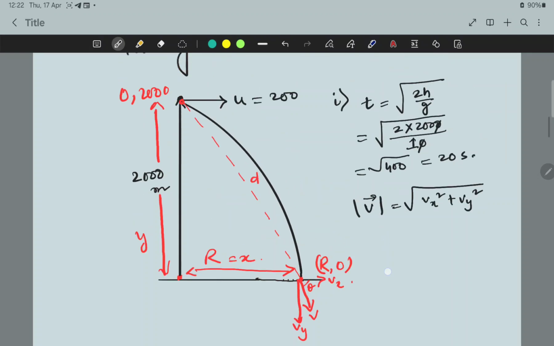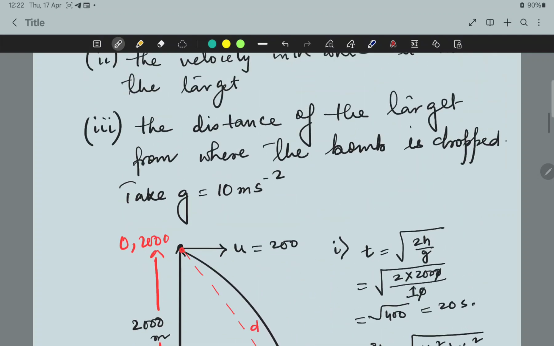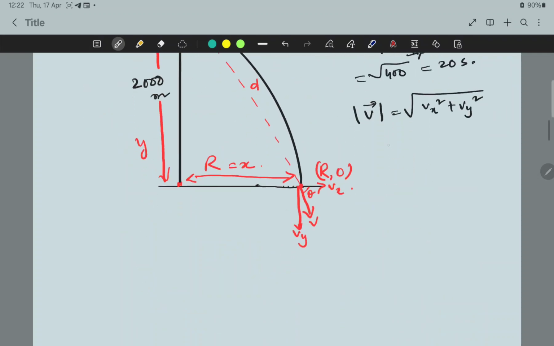Now Vx is known to us, which is 200. And what about Vy? Vy we obtain by using the formula Vy equals g into t. So 10 into 20, that is 200 again.